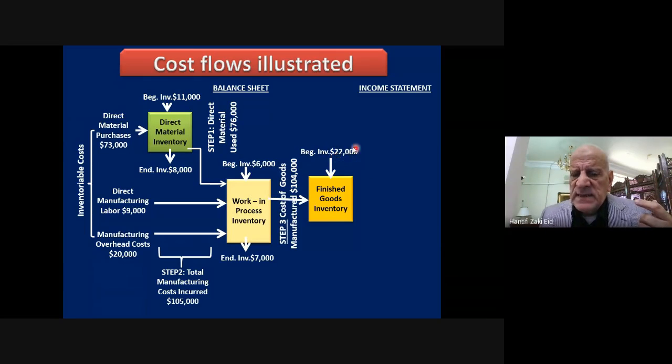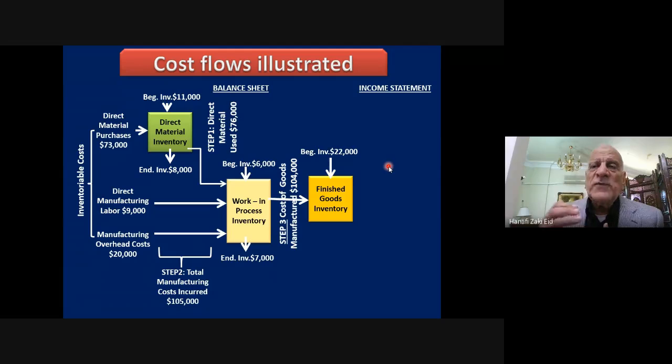The total of this beginning inventory plus the goods received during the period, 104,000 plus 22, will amount to 126,000. This total figure represents total cost of goods available for sale. These goods were available for sale.